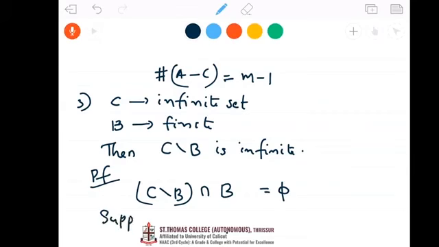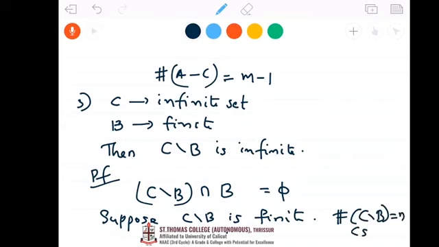Suppose C minus B is finite. What we have to prove is that C minus B is infinite, and I am assuming that C minus B is finite. That means C minus B contains some n elements. So the number of elements in C minus B is equal to n. Similarly, we are given that B is a finite set, so B has a certain number of elements.